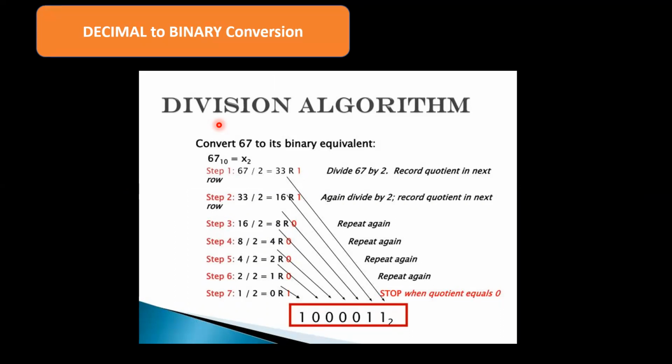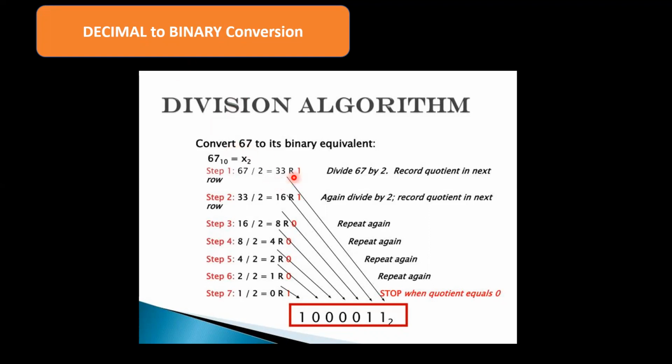To convert, the first thing we need to do is divide by 2 repeatedly. You get the quotient and then the remainders. So 67 divided by 2 is 33, remainder 1.